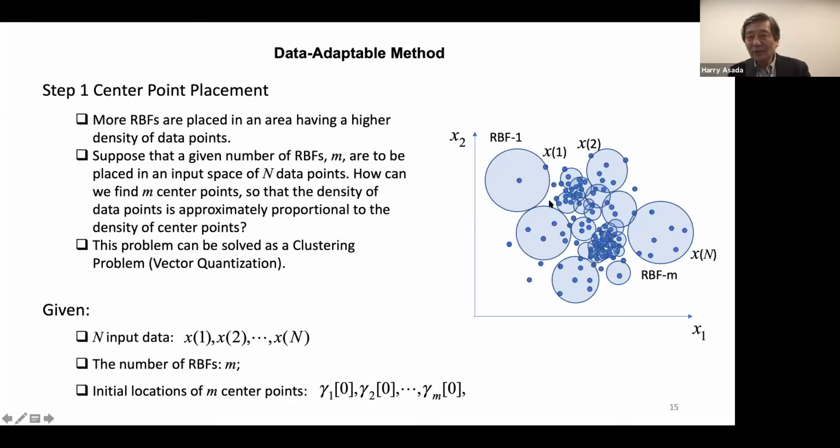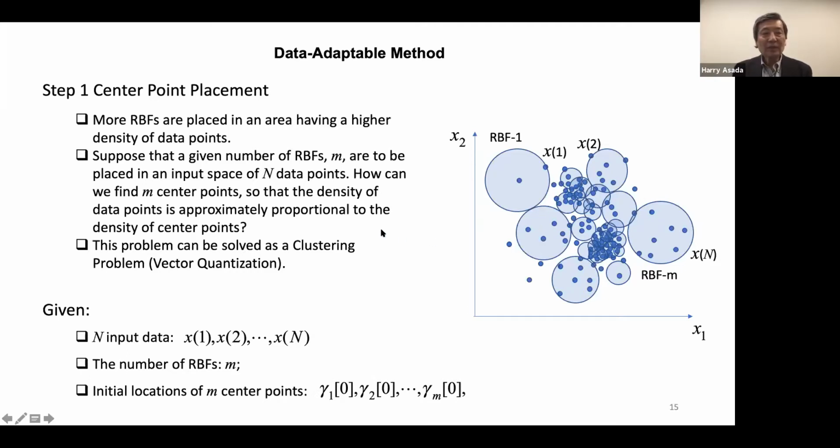On the other hand, going to counties having a higher population over here, we need to have more radial basis functions to represent that. Just looking at that kind of map, we would like to locate a limited number of radial basis functions more effectively to reflect the population distributions.